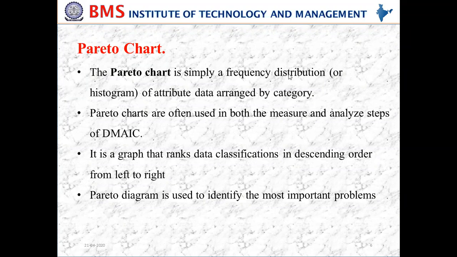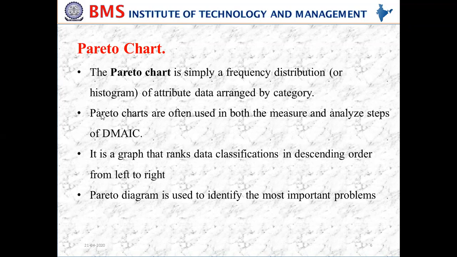For example, if I am measuring defects, there are say five to six defects in a particular component: defect 1, defect 2, defect 3, and so on. All these defects are categorized, and then you calculate how many parts have defect 1, how many have defect 2, how many have defect 3. We find out the number of occurrences using this.